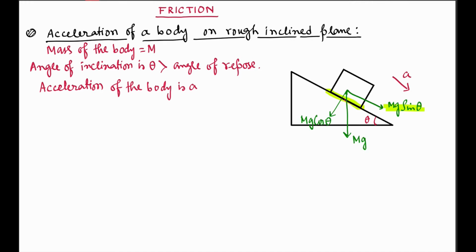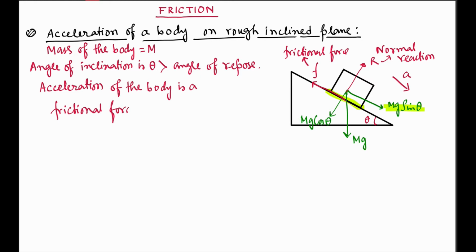The frictional force is acting here, that is F. If R is the normal reaction of the body, then frictional force F is equal to mu k into R. Here mu k is the coefficient of kinetic friction.